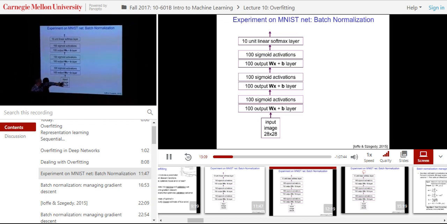It's just simply taking these pixels and running them through a 28 times 28 by 100 matrix of parameters to get these values. And they pass it through a sigmoid activation function and do that again and again. And finally, a softmax layer, which has 10 linear units output, which are the parameters for the softmax function to decide the probability distribution on the 10 possible digits.